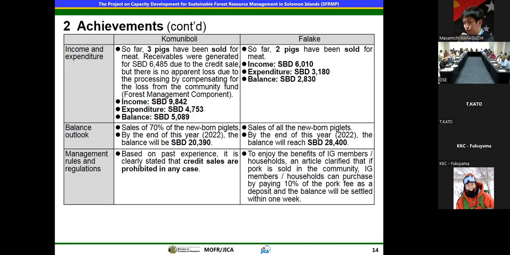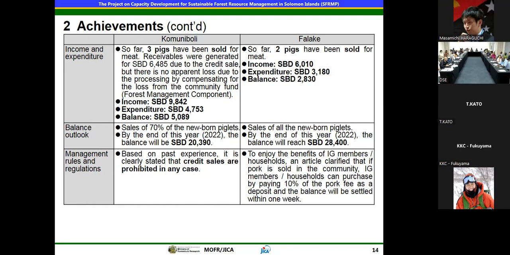Okay, income and expenditure. So far, 3 pigs have been sold for Komuniboli for meat. Receivables of more than $6,000 were generated due to credit sales, but there is no apparent loss due to compensation for the loss of the community fund.